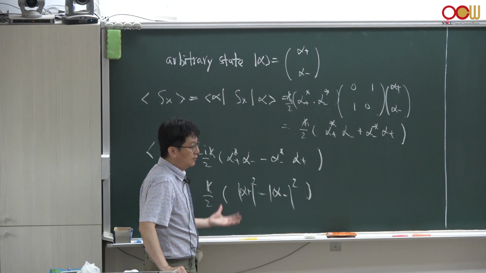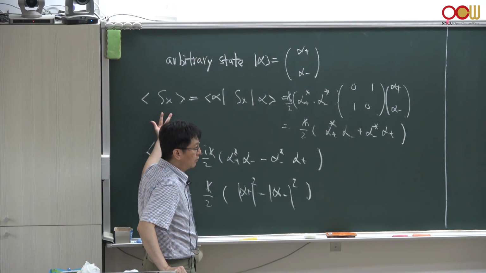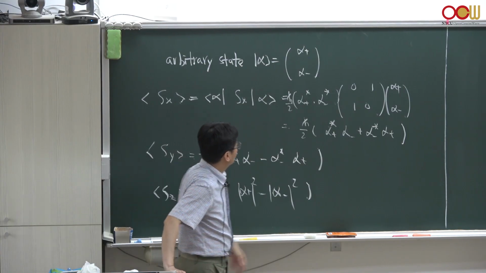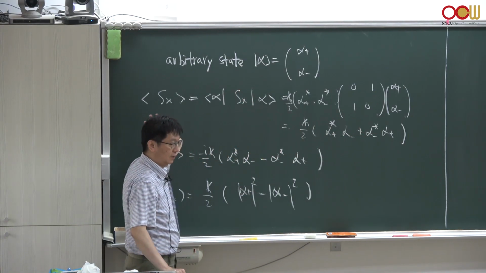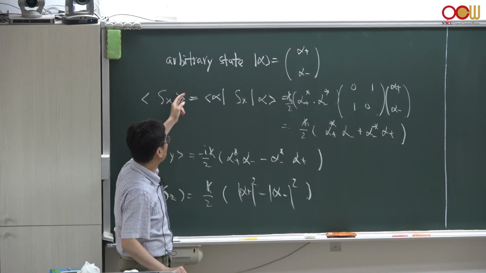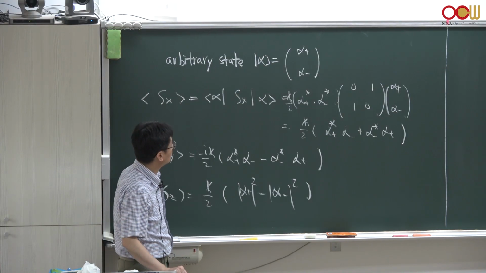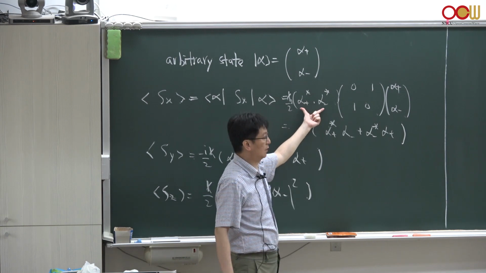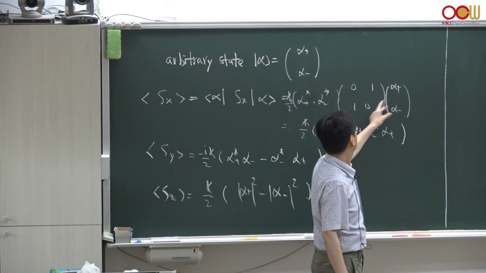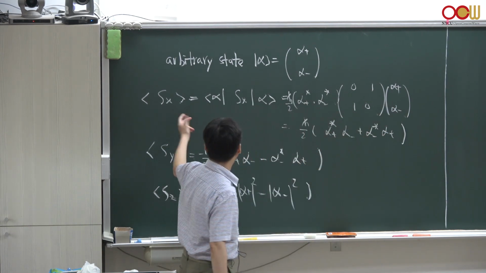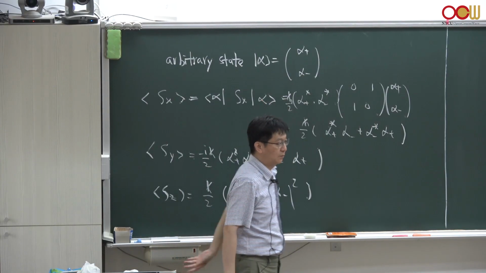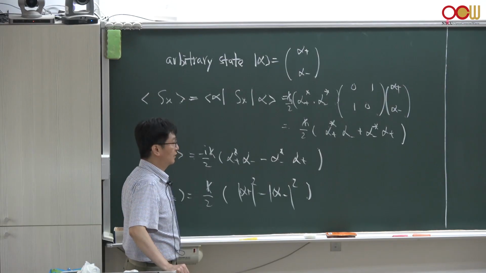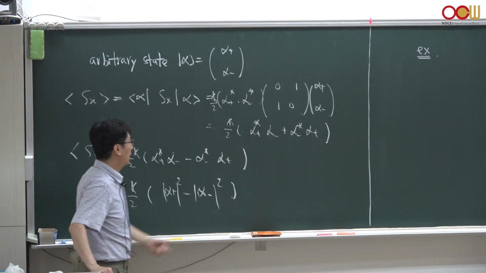In terms of these matrices, you could very easily evaluate the expectation value of the Sx operator. You can simply plug in this definition of the Dirac bra and ket of this spinor alpha, and you get this bra state, and this is the ket, and in between you insert this Sx matrix. This is just a simple exercise where you multiply the three matrices together.